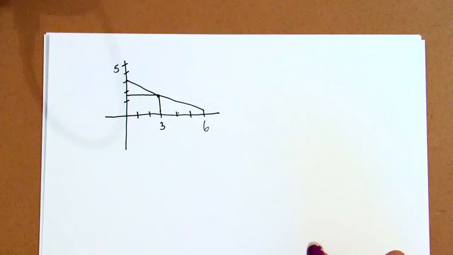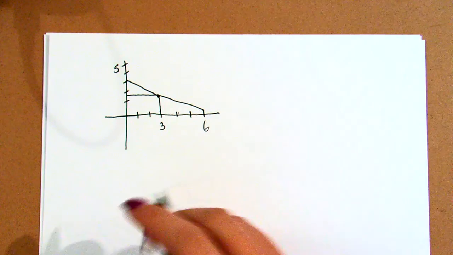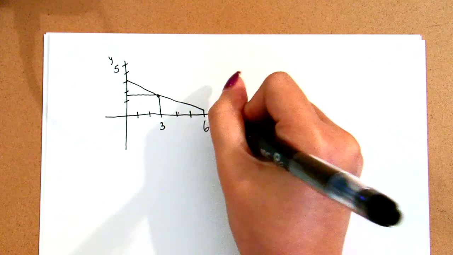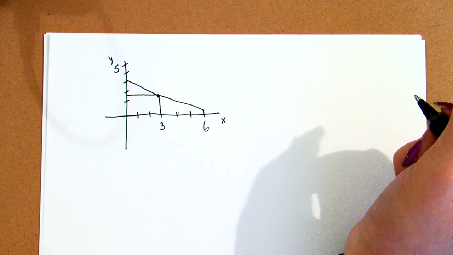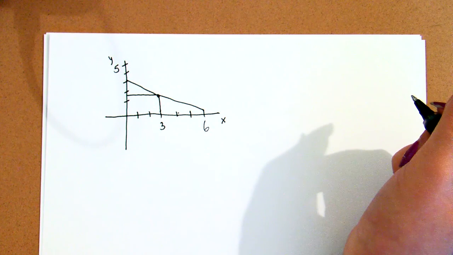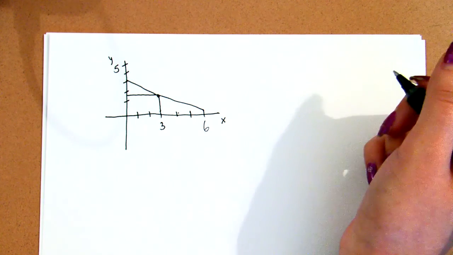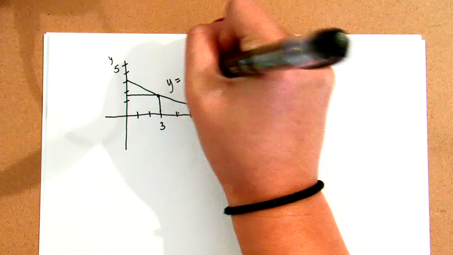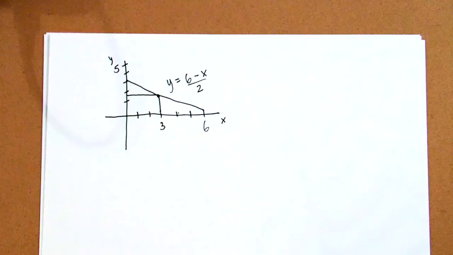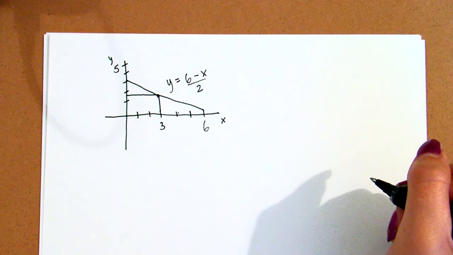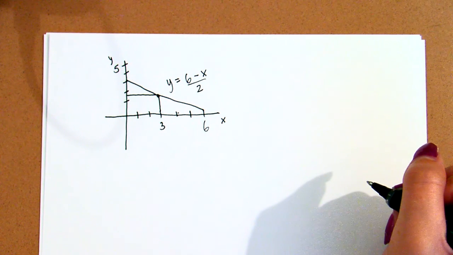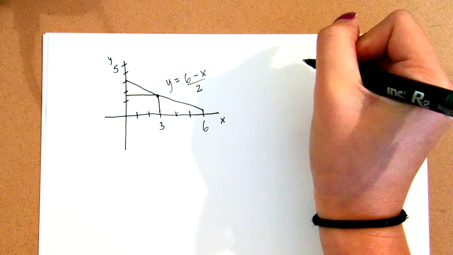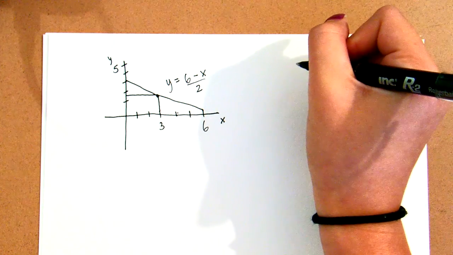Since it says it's bound on the y, this is the y and this is the x, and we have to find the maximum value, and there's an equation given. It's y equals 6 minus x over 2, and to find the area, what kind of shape is it, Shiomara? A rectangle.